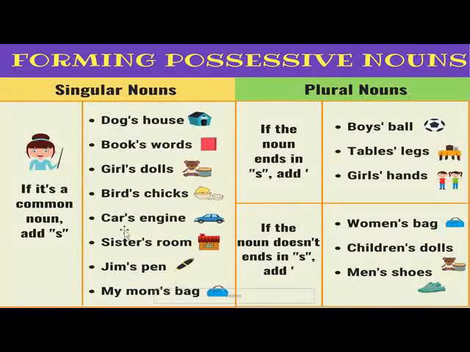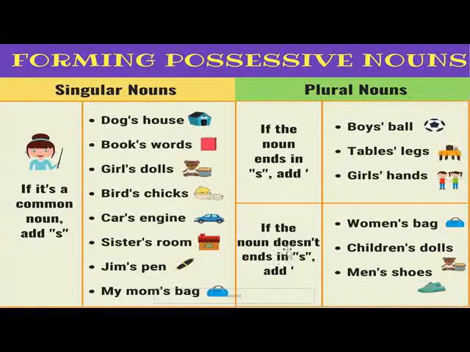If you notice, all the nouns here are singular. Another rule says if the noun ends in S, we will only add the apostrophe. Like what? See here, boys. Boys means more than one boy, so I cannot add apostrophe and another S. No, it will be a big mistake. I will only add apostrophe after the S. Table's legs and girls' hands.